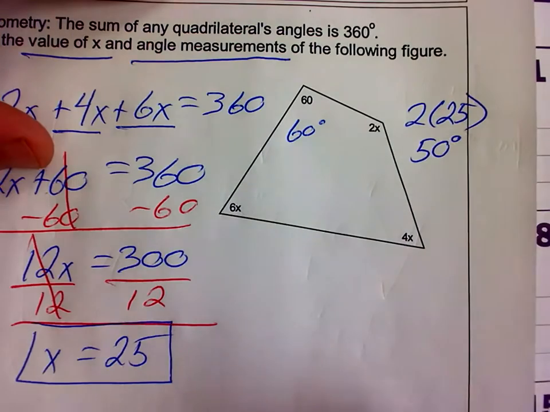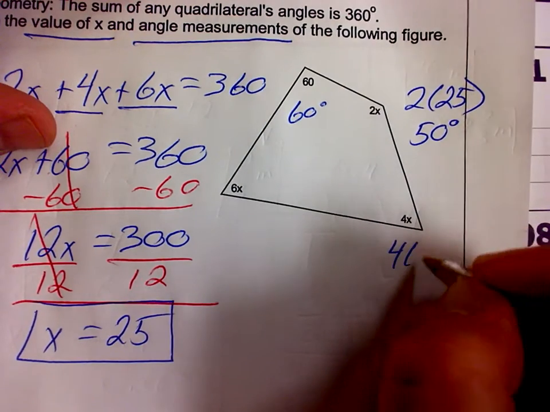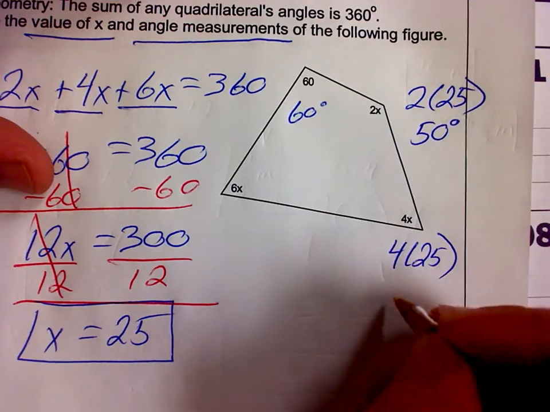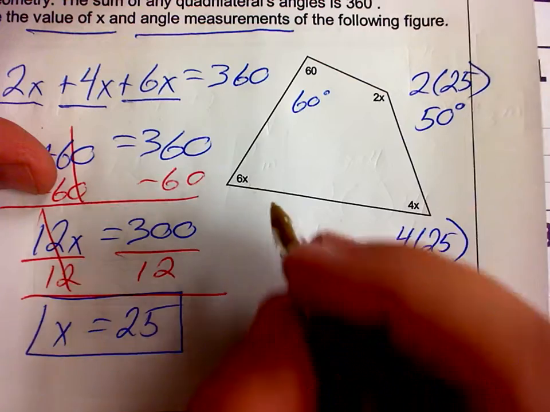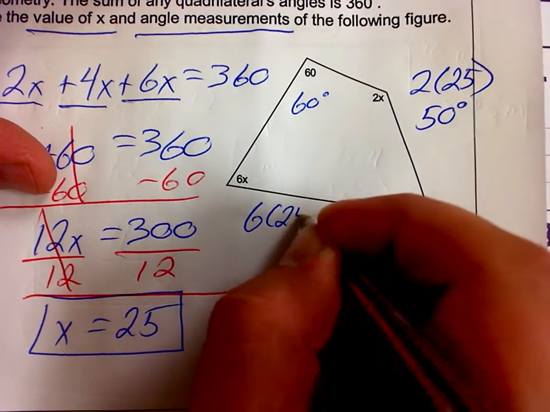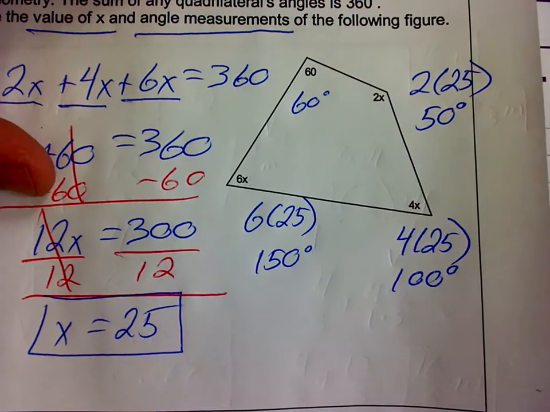And so another one of our angles is going to be 50 degrees. Down here we have 4 times 25, which ends up being 100 degrees. And then over here we have 6 times 25, which will give us 150 degrees.